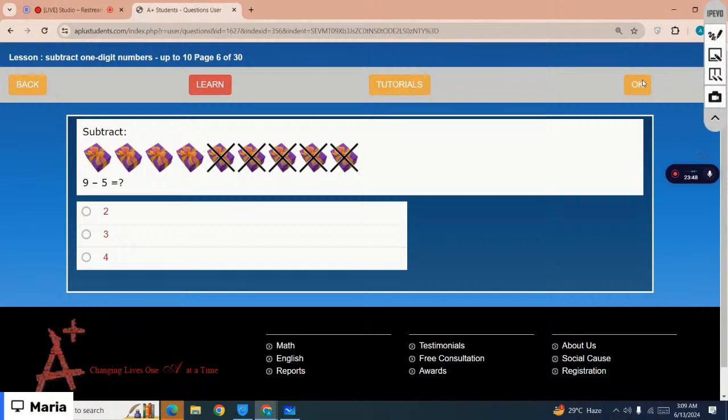The next one is subtract 9 take away 5. So 9 take away 5 equals, 4 it is. 9 take away 5 is 4. The correct option is 4. Very good, everyone.